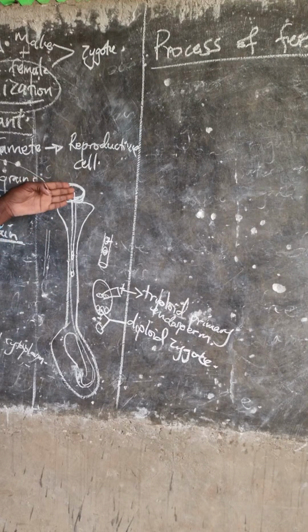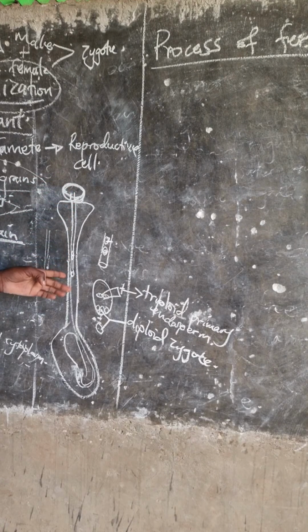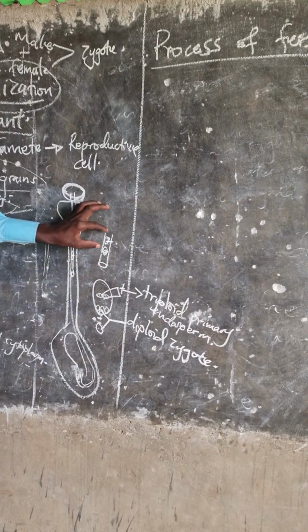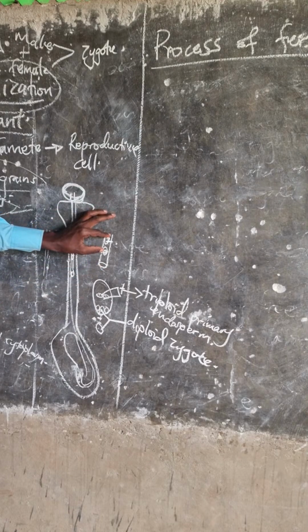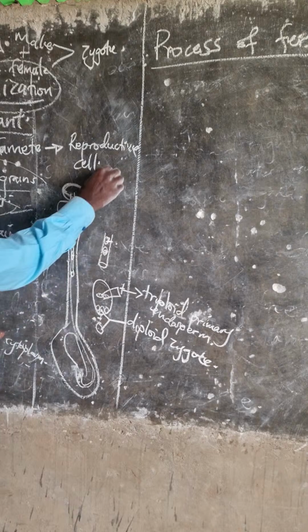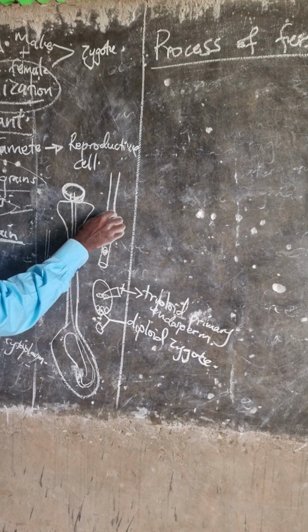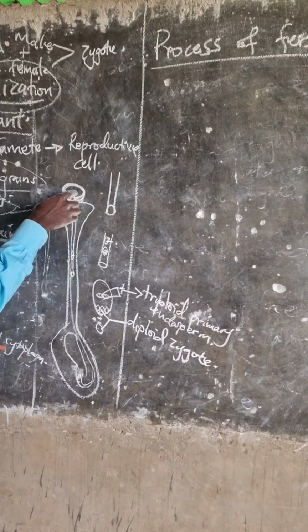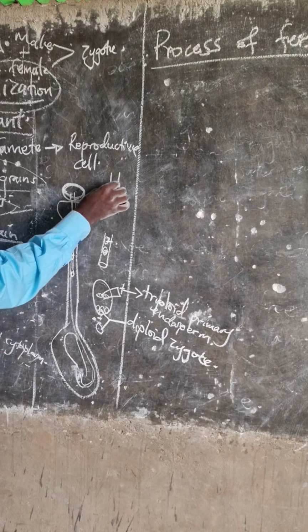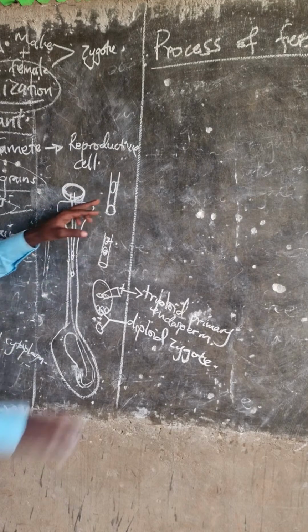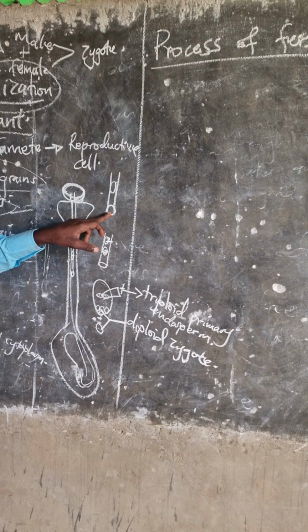The pollen tube grows downwards the style towards the ovary, led by the pollen tube nucleus. The generative nucleus lies behind the pollen tube nucleus.